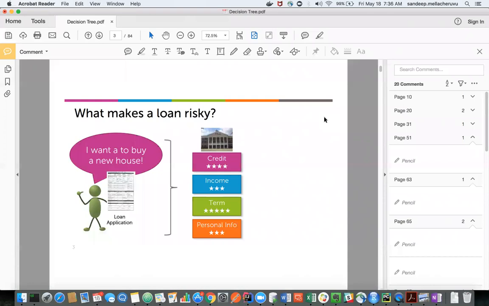So if I say I'll take a loan of $1 million, but I'm going to invest that in the stock market versus I'm going to invest it in a house, those are two different aspects. If I invest in the stock market, my risk is high. If I invest the same thing in real estate, maybe the risk is comparatively low. It may not be the lowest, but it is kind of low.